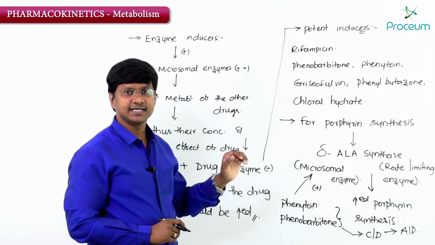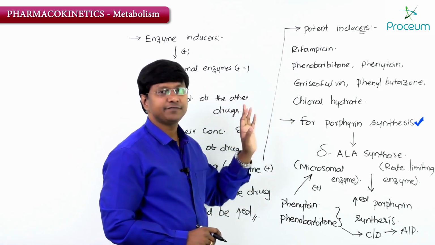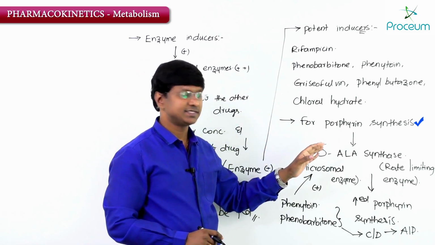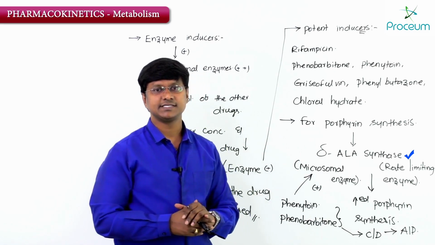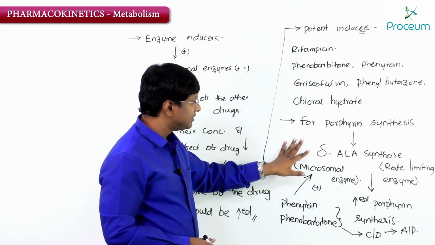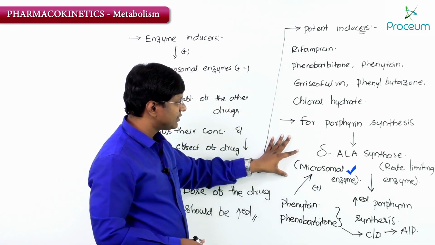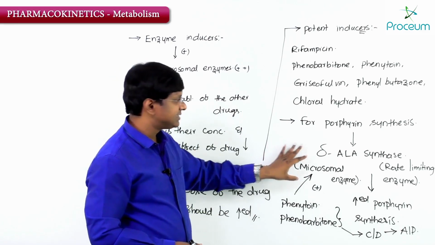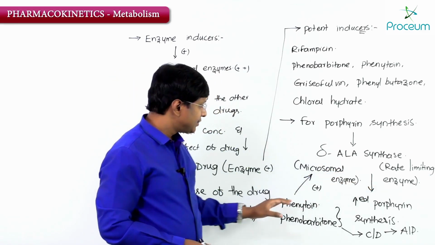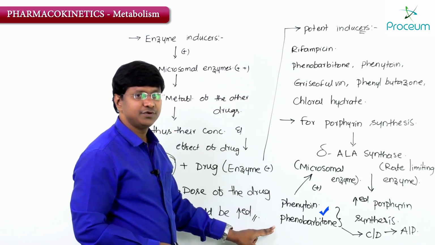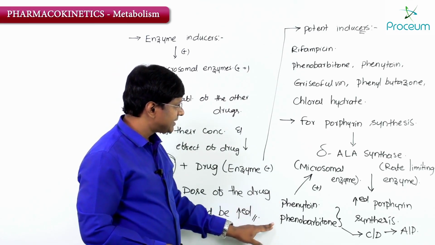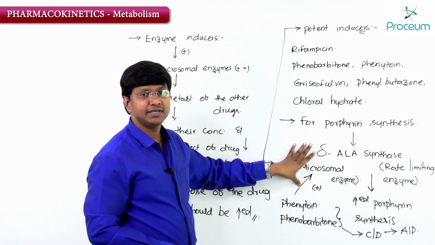Now you take the other example. For porphyrin synthesis, the rate limiting enzyme is delta amino levulinic acid synthase, and this is one of the microsomal enzymes and a rate limiting enzyme. Now you give drugs like phenytoin and phenobarbital. These are the enzyme inducers.